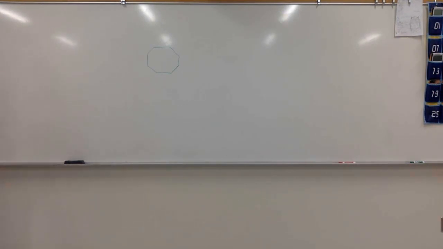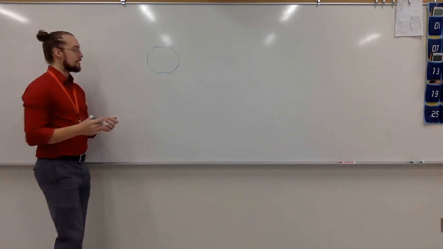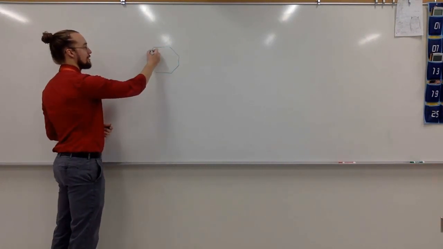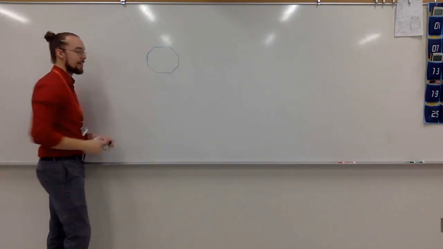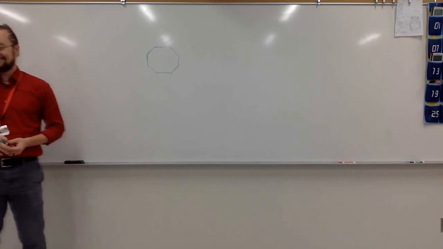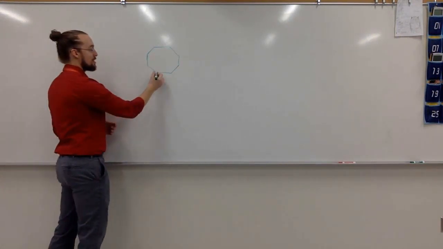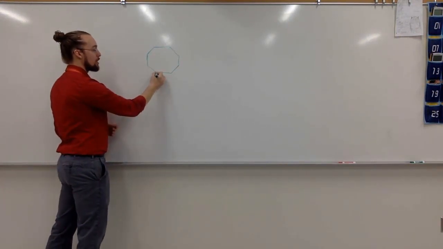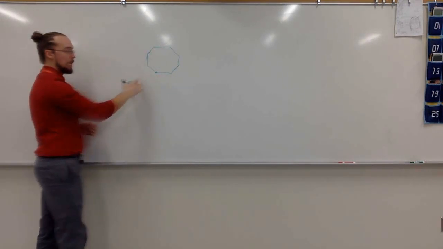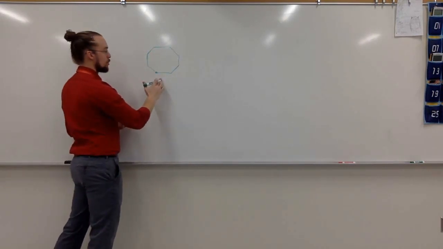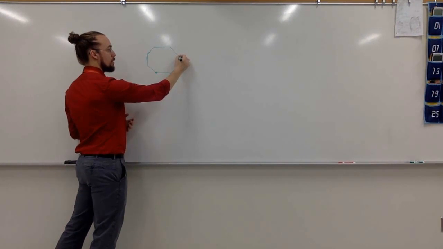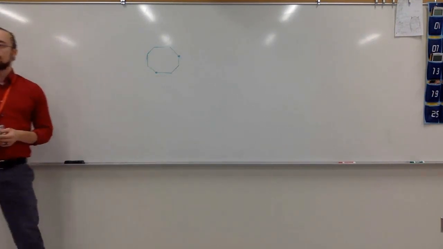Perfect octagon. You can't draw flowers. Yeah, I'm a geometry teacher. Well, octagons are straight lines. It's harder to draw. So, how much of a rotation would it take to go from one corner to, I don't know, this corner over here? How much would I have to rotate this figure?